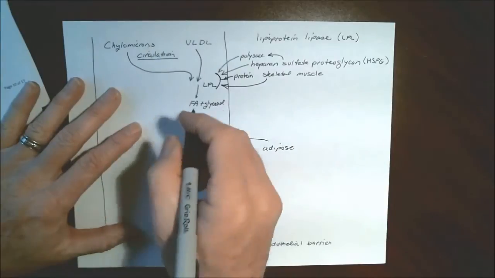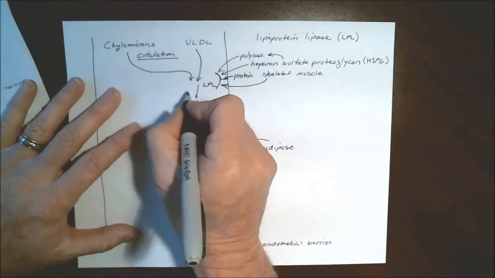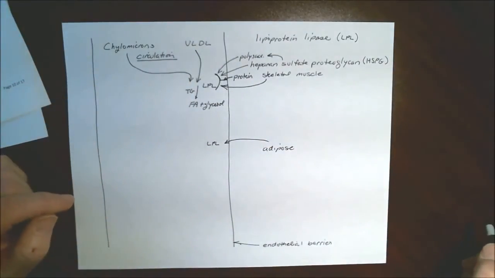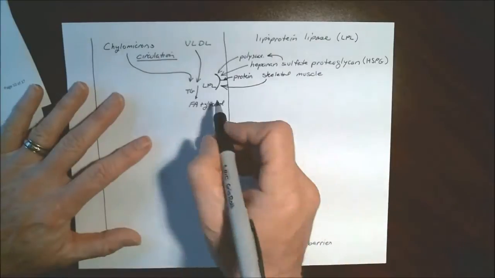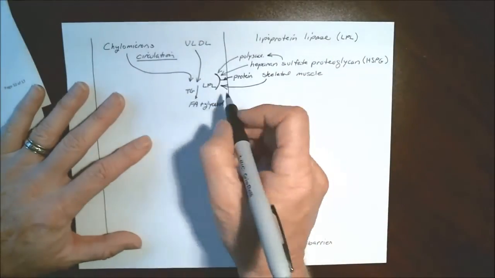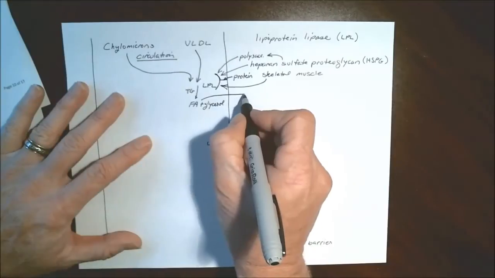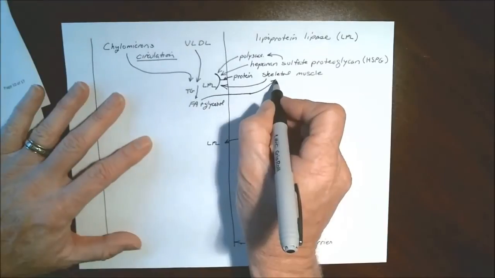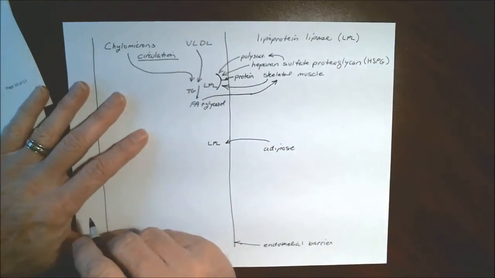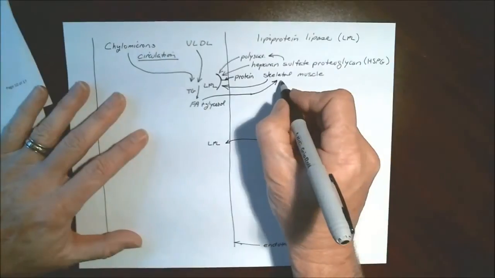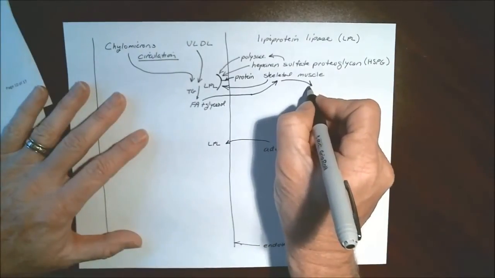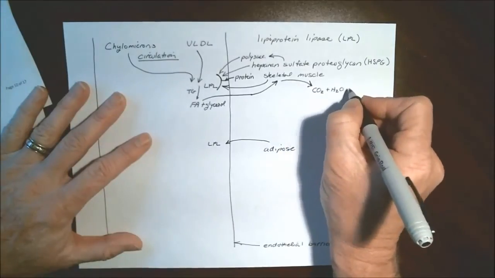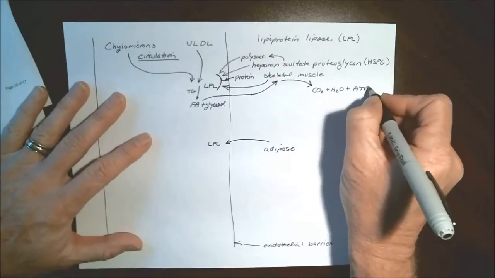In order to release fatty acids and glycerol, the LPL lipase activity is primarily functioning on the triglyceride structure. These fatty acids are now transported across the endothelial barrier and into the skeletal muscle. In skeletal muscle, under these conditions, they are ultimately turned into CO2 plus water plus ATP.